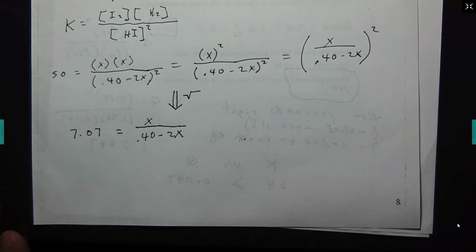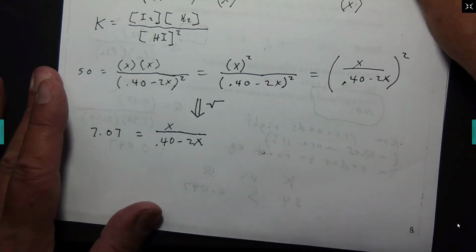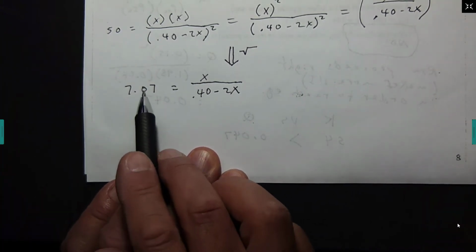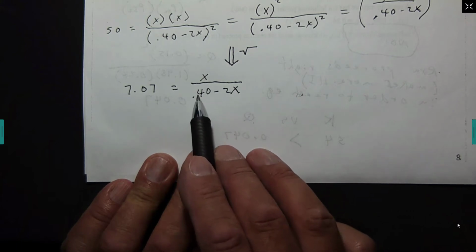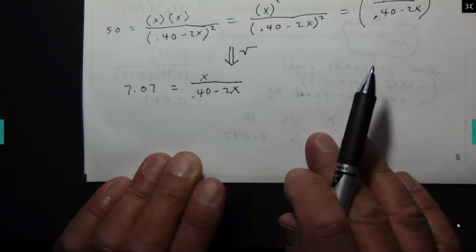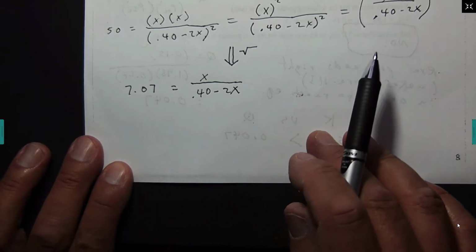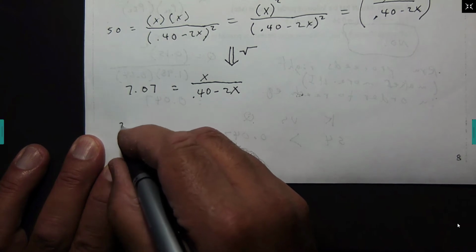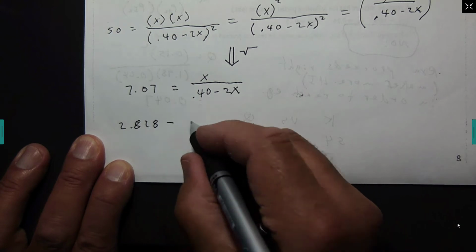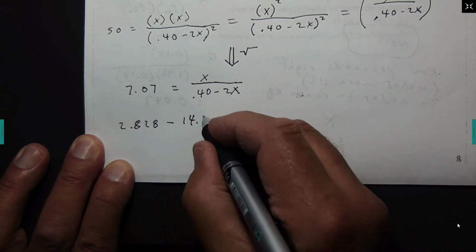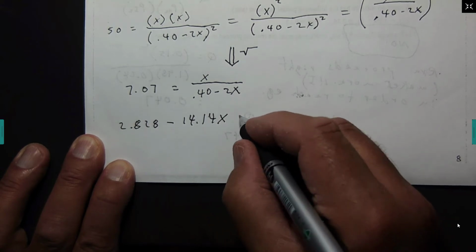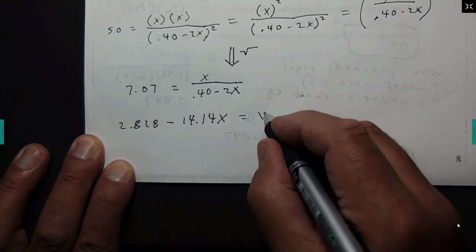So what you want to do here is, move this up a little bit. To solve this one, you're going to want to multiply this by the bottom half of this. So 7.07 times all of this. You'll get 2.828 minus 14.14x is equal to x.